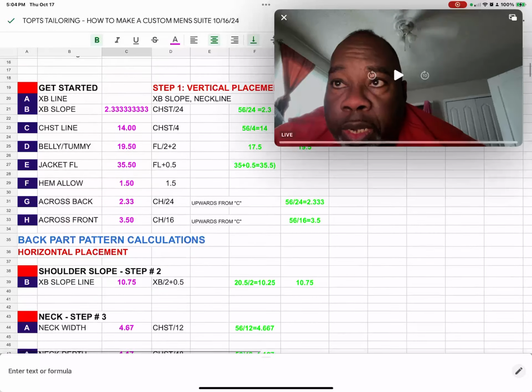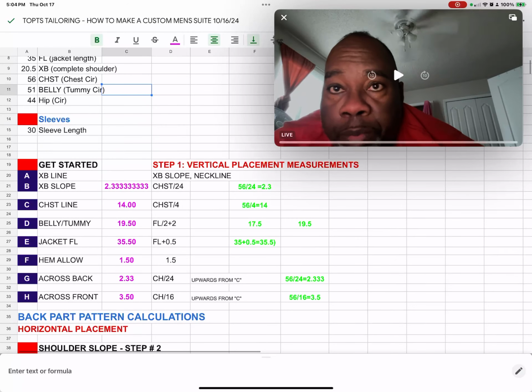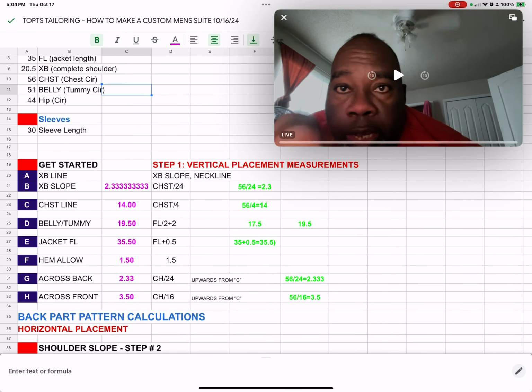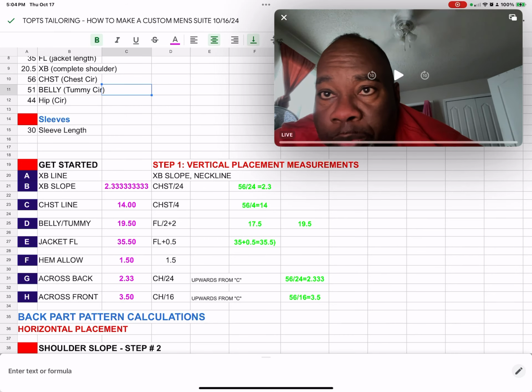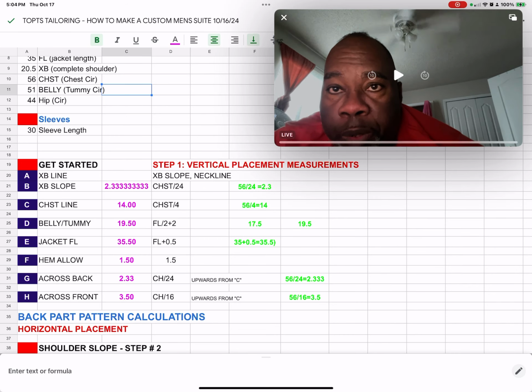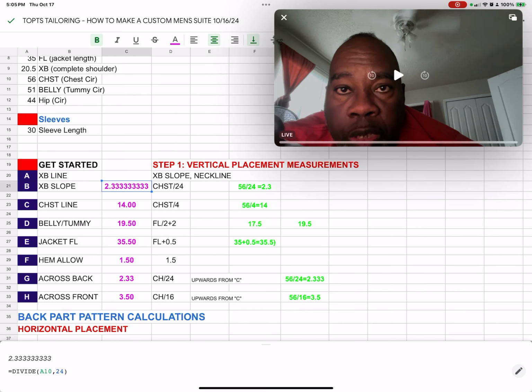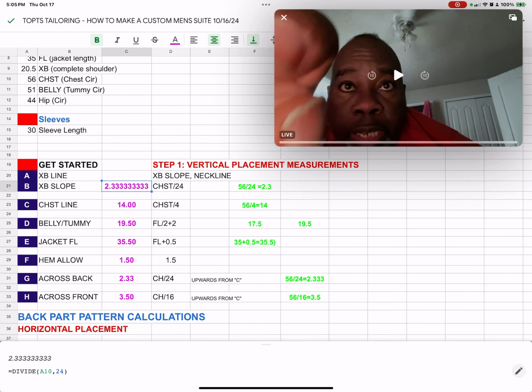Then these are, again, the numbers according to your calculations, inserting my numbers. So the slope here, as I recalculated, is supposed to be the chest divided by 24. As you can see here, it's A10, which is up here.